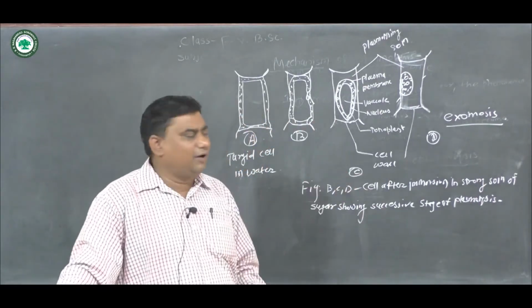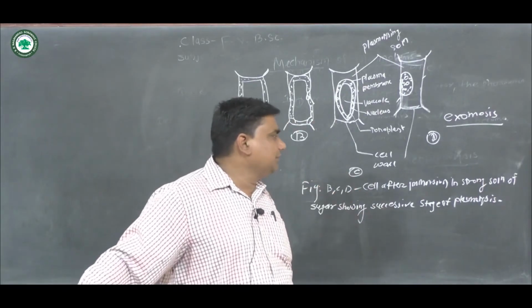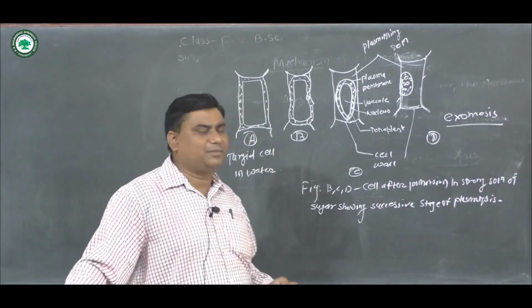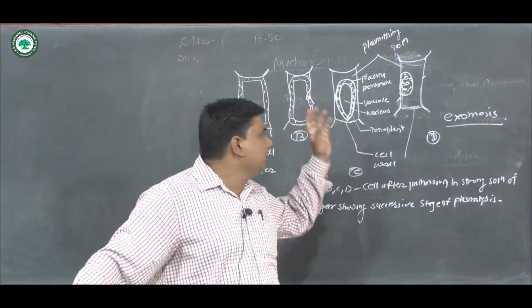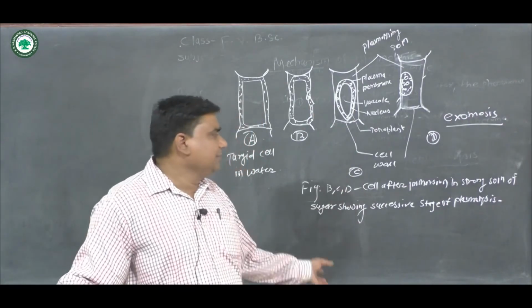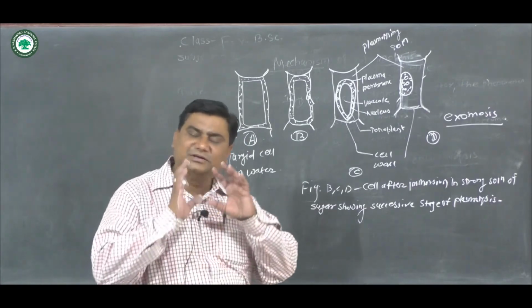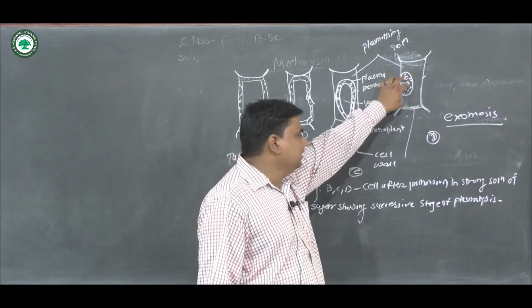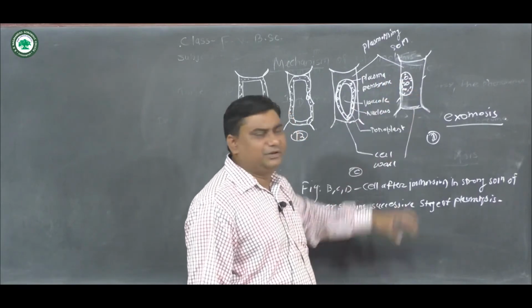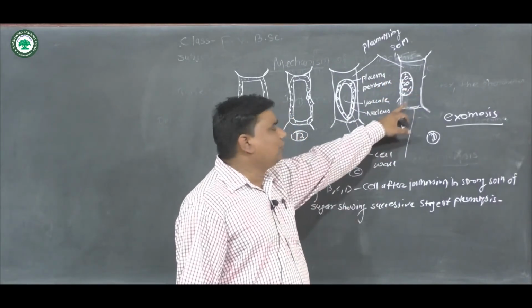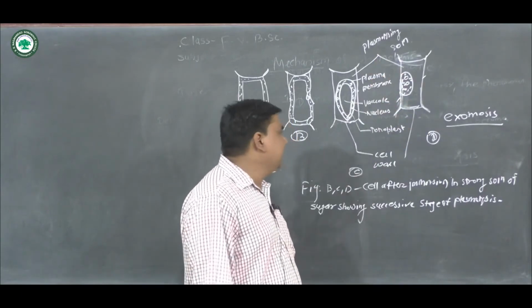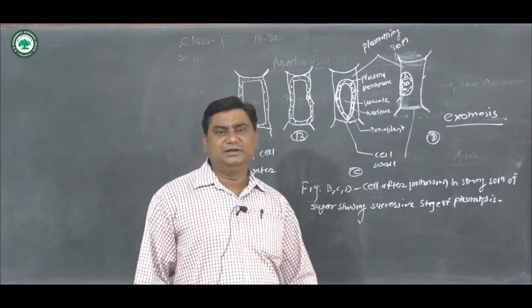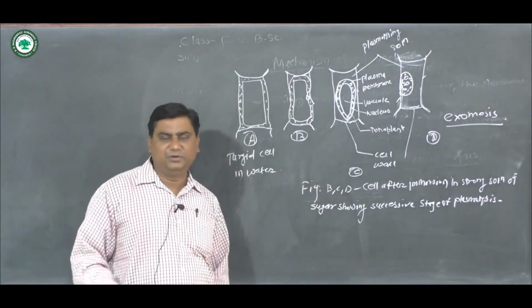So how did it happen? Due to continuous exosmosis, the shrinkage of the cytoplasm reaches the maximum limit, further shrinkage is not possible, and the cytoplasm becomes free from the cell wall and occupies the center. We call it the final plasmolysis. So these are the three stages of plasmolysis.